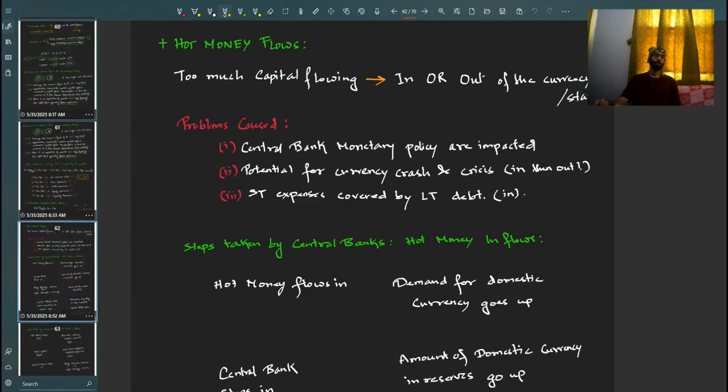Hot money flows. So we have been talking about capital flowing in and out, right? So there is too much capital flowing in and there is too much capital flowing out. Both are basically detrimental. And specifically speaking, excess capital flowing in over a very short period of time leads to capital flight also. This is the very reason for capital flights.